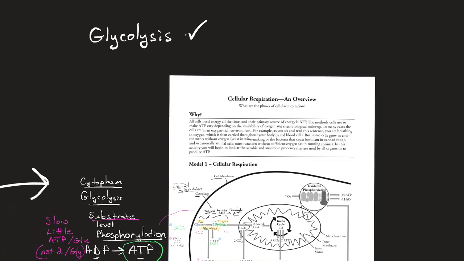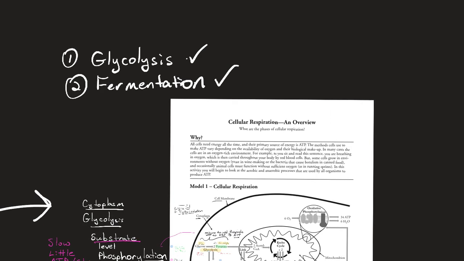We talked about fermentation. There's not really a lot more to talk about with fermentation. It's pretty easy. It's the easiest of the energy pathways. So that's 1, that's 2. Fermentation is not cellular respiration. Is that clear? Are we clear on that?